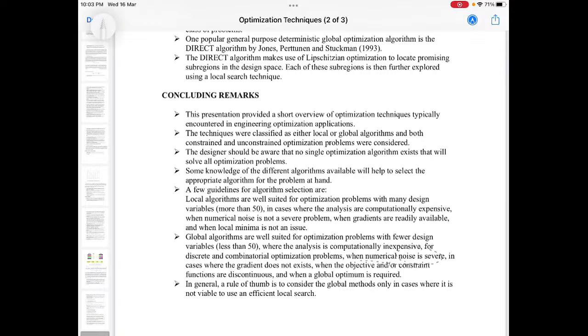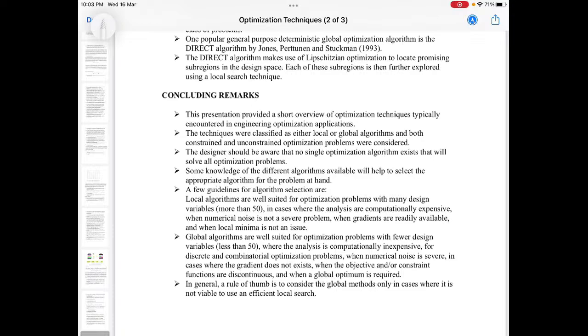In problems where numerical noise is severe, where the gradient does not exist, and when the objective or the constraint functions are discontinuous, we can use the global algorithm.